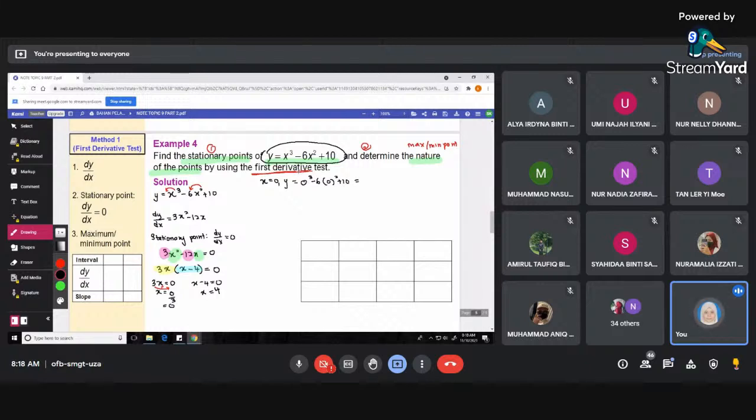So what is the value for y? 10. Bagus you all. So the coordinate here is 0 and 10. Kita tengok pula x equal to 4. So y substitute. You boleh tekan calculator. Calculator saya tak berfungsi hari ni. So what is the value for y?